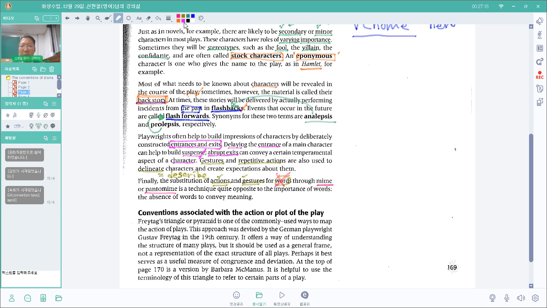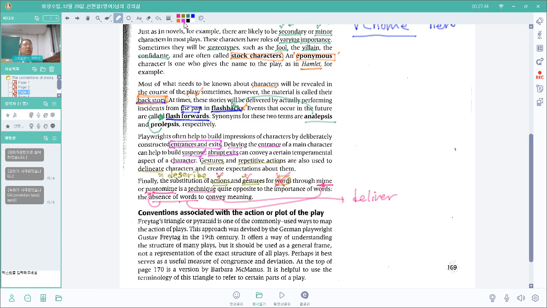So mime and pantomime, in other words, actions or gestures without any word, is also a technique intentionally used by the writer in order to deliver the message. The absence of words, the pantomime or mime, action without any word, can also convey and deliver the meaning.